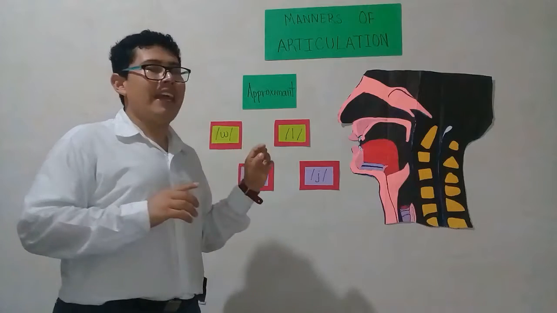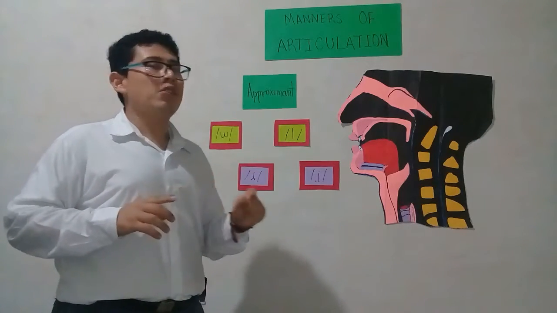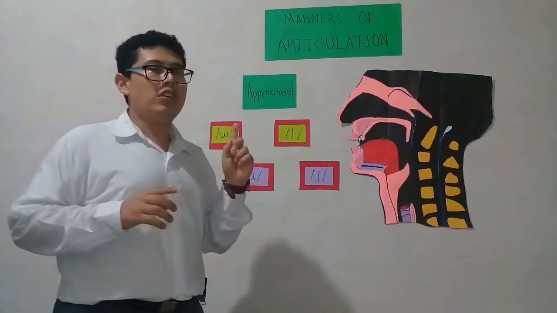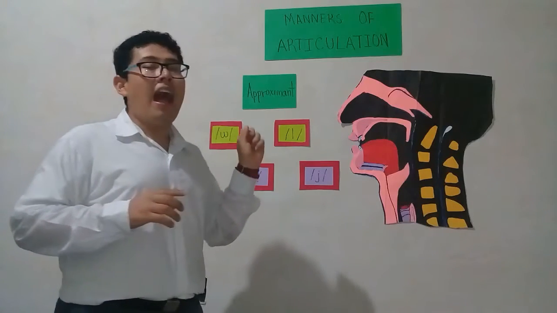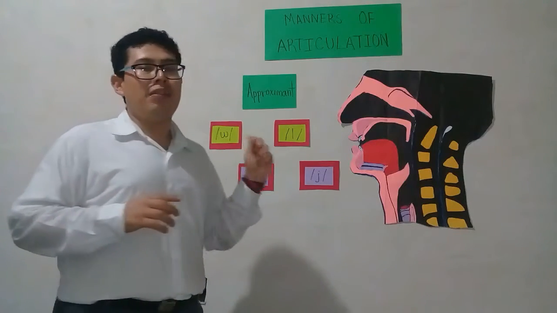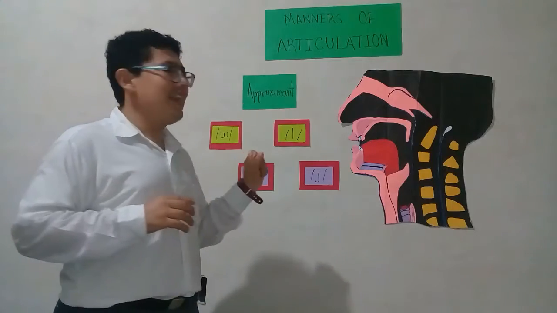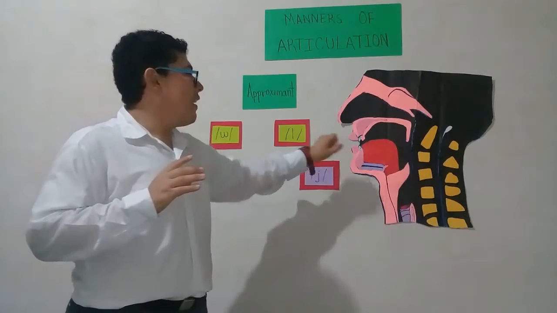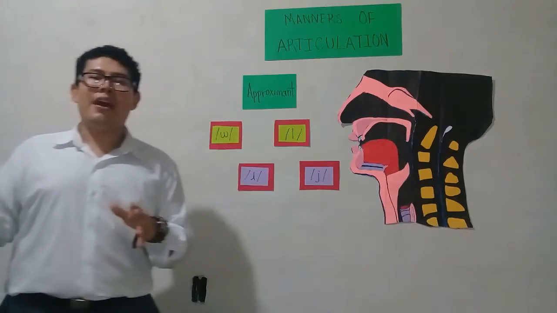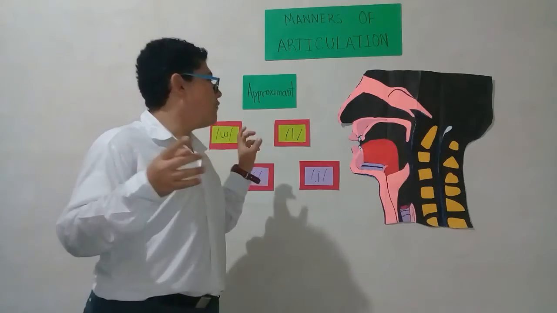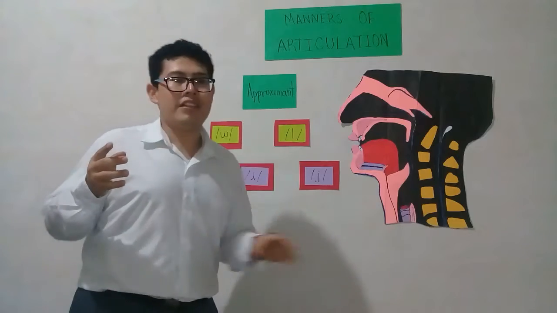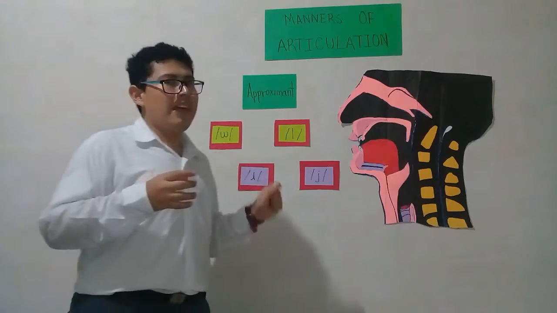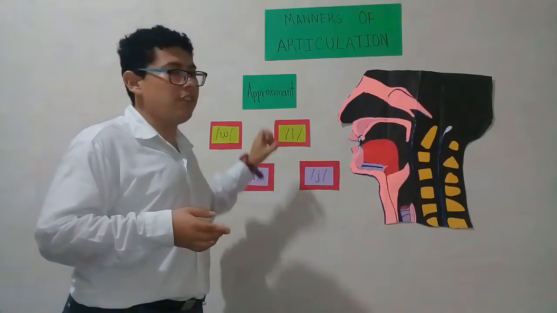In this case, the l sound is produced by the tongue trying to touch the hard palate or the alveolar ridge. The air tries to get out of the mouth between one of the sides of the tongue that is not closed, and this is how this sound is produced.